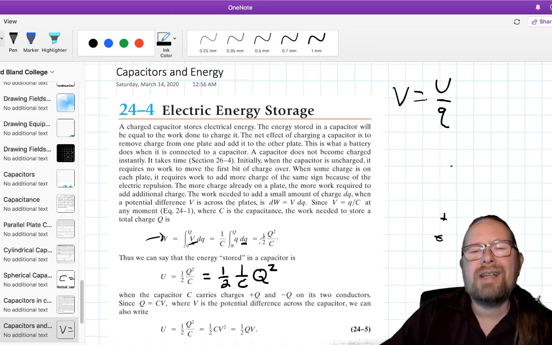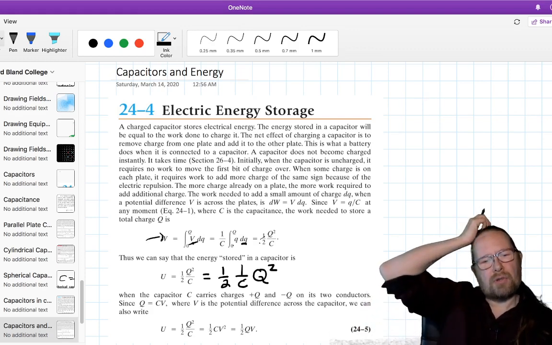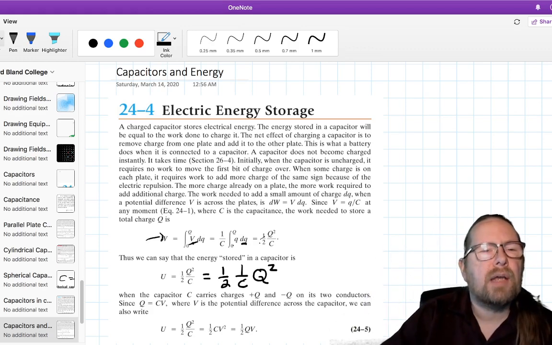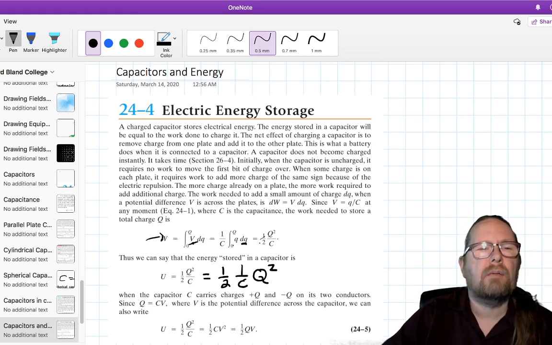This expression is interesting because it looks a lot like an expression for potential energy that we saw when we were studying mechanics, which is the potential energy of a mass on a spring. Okay?